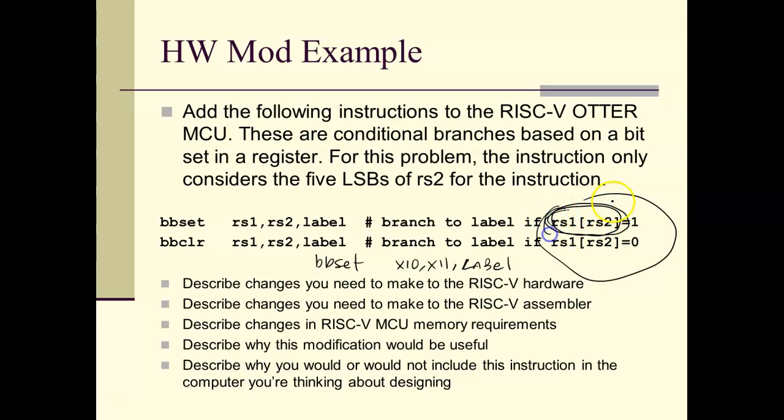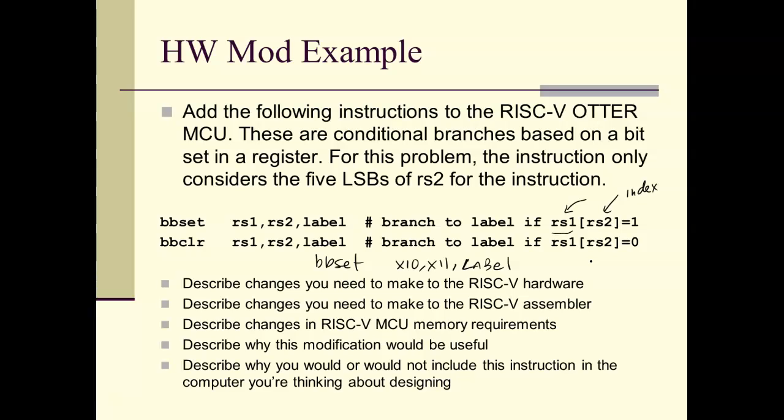Essentially, this is an index value into this register. It's going to index into the bit locations of this source register, and based on that, it's going to decide whether to jump or not. The same goes for clear, but it's the opposite of BB set.